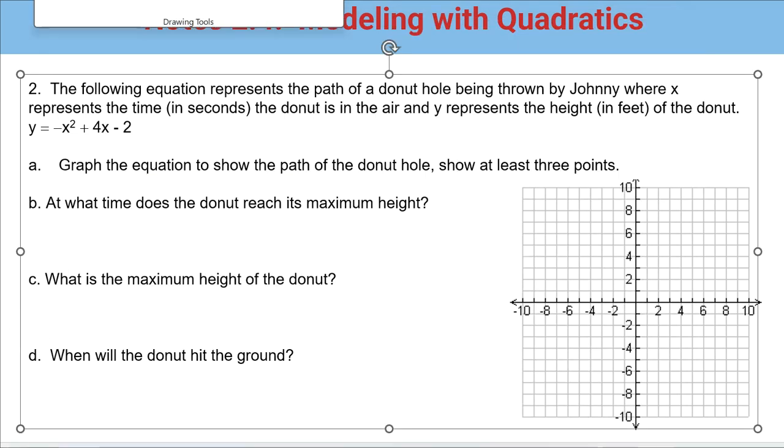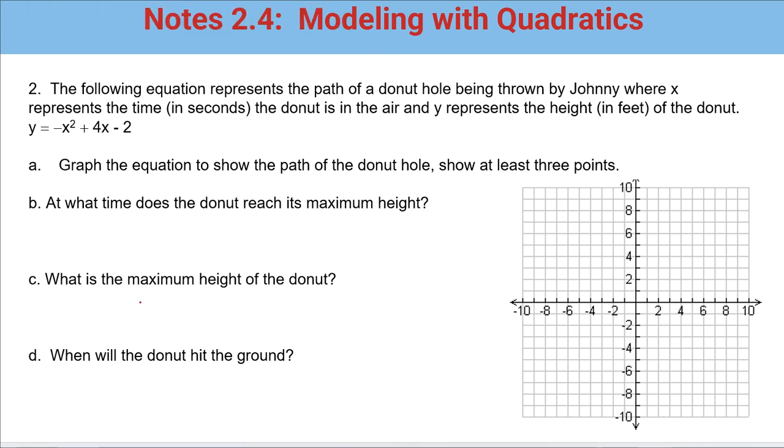But let's start answering some of our questions here. Right? I know that the donut hole reaches its maximum height at 2 seconds. And it has a maximum height of 2 feet. Right? So I can graph that here, and I have that initial point here, and I know the donut hits the ground at about 3.4 seconds.